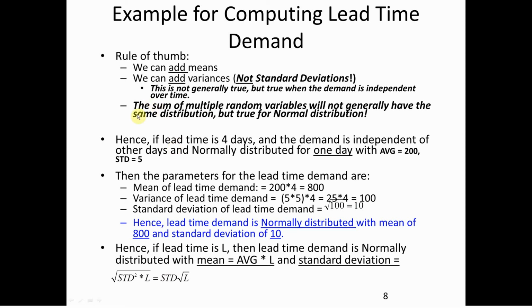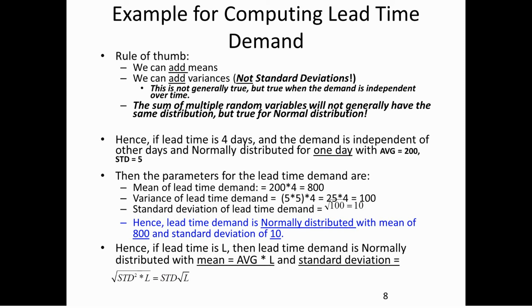In general, just for those of you who are curious, the sum of multiple random variables. So we're talking about looking at the demand for our goods over a period of time, where we know what the demand is, say, per day, and then we want to know what is the demand over 4 days. Well, that would be akin to looking at the sum of multiple independent random variables.